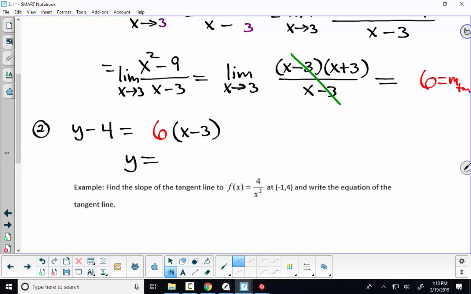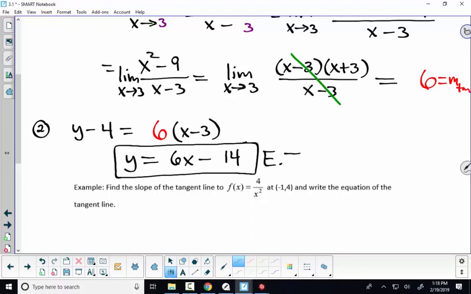And then we'll look at a graph just to verify what we've done. We have minus 18 plus 4. Oops. So that's the equation of the tangent line.